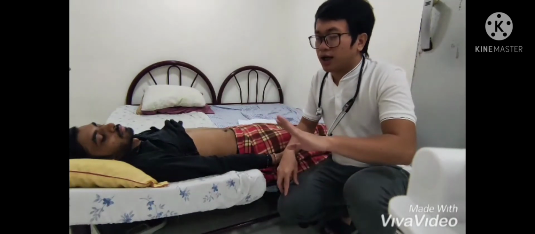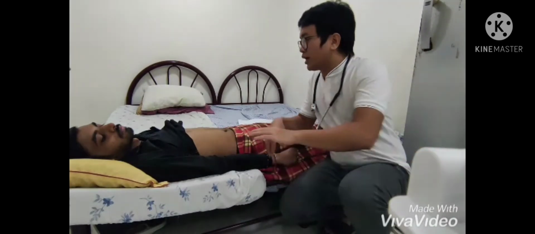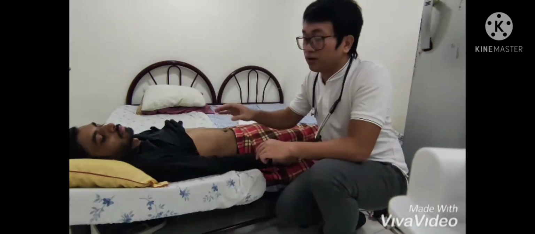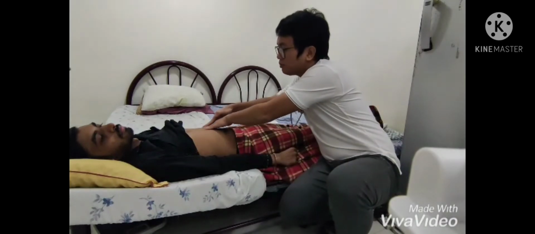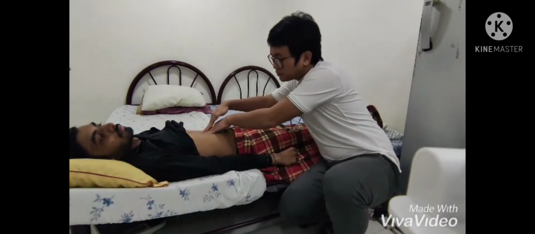I already discussed light palpation, so I'm going to proceed with deep palpation. For deep palpation, I'm going to use two hands. First, I put the left one, on all of the quadrants as well, and I will palpate deeply.